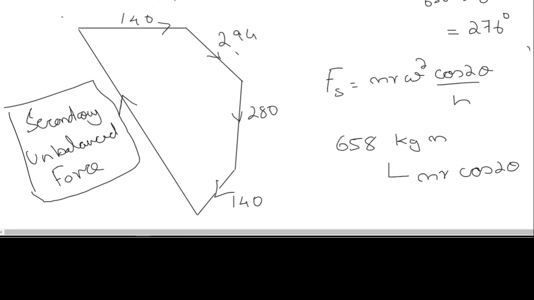This only represents m r, and the angle cos 2 theta is taken. So to get the total unbalanced force, Fs unbalanced, it will be 658 times omega square by n.